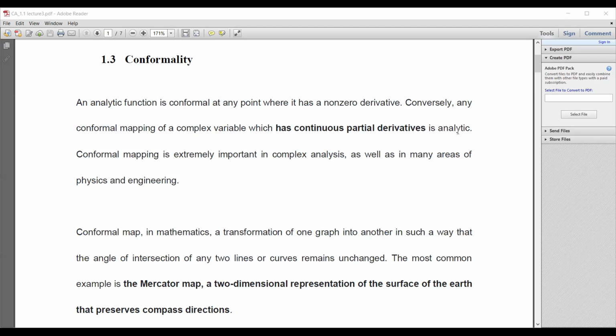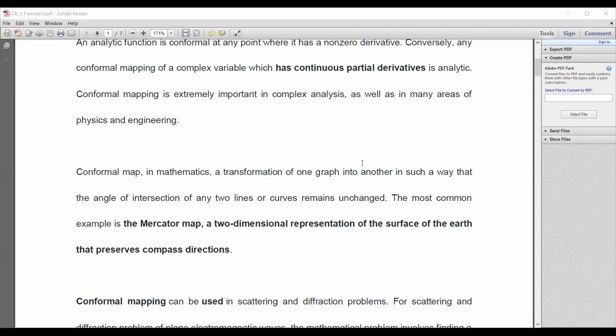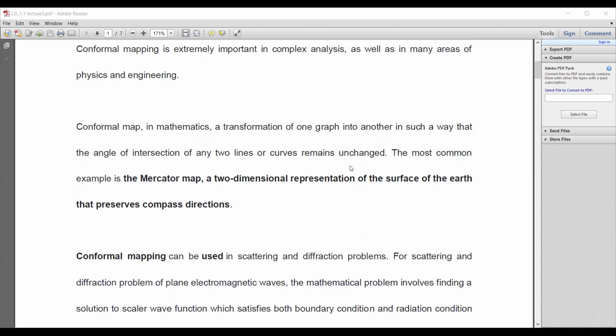Conformal mapping is extremely important in complex analysis as well as in many areas of physics and engineering. That will be seen later in some examples. Conformal map, in mathematics, is a transformation of one graph into another in such a way that the angle of intersection of any two lines or curves remains unchanged.